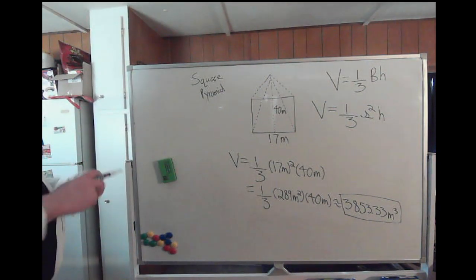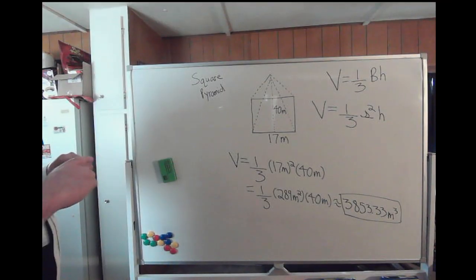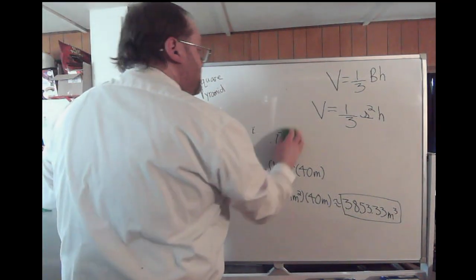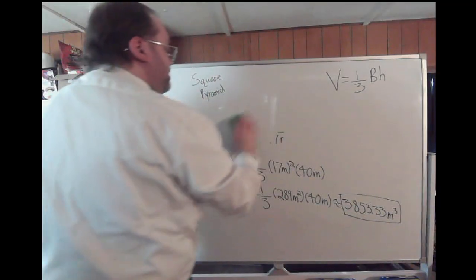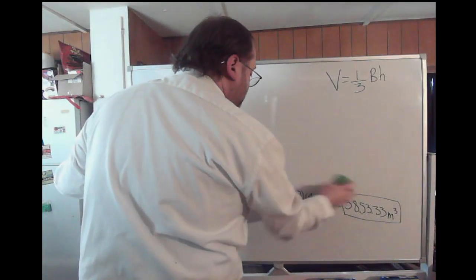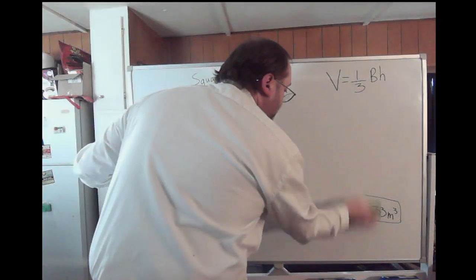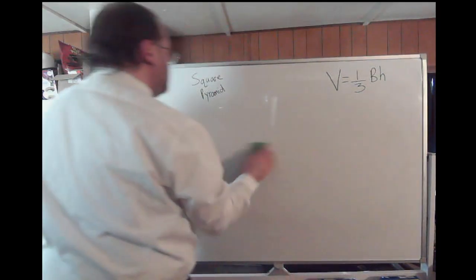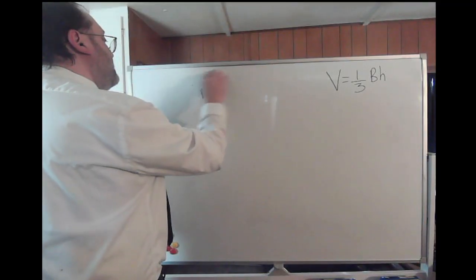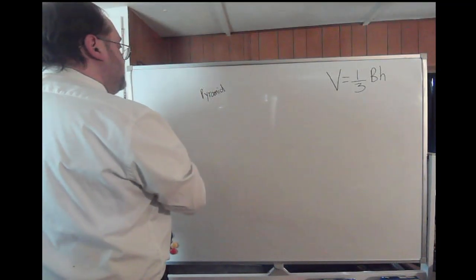Now we will do a rectangular pyramid just for good measure. So let's erase this part. The overall volume is still the same. It's 1/3 of the area of the base times the height. But we are going to set up a rectangular pyramid.